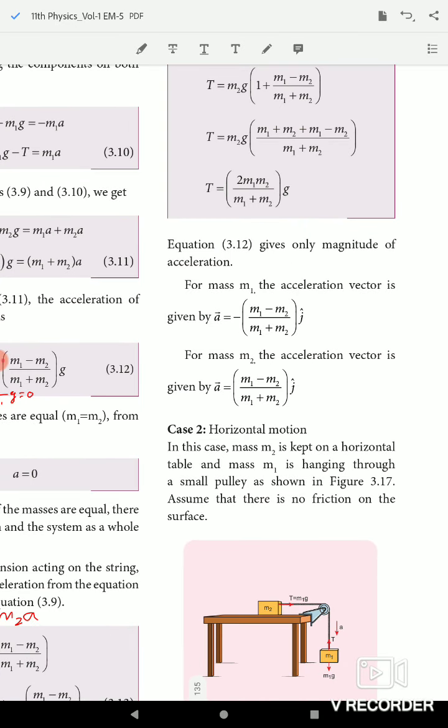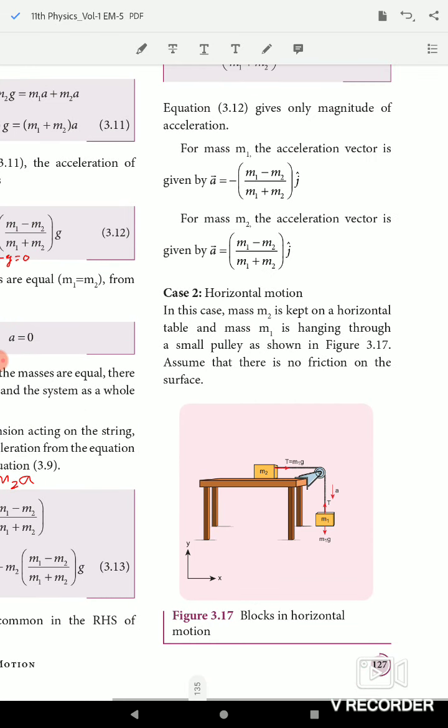Okay, mass m2 in vector notation, it moves in the upward direction, acceleration is acting in the upward direction, so a vector equal to plus (m1 minus m2) divided by (m1 plus m2) into j cap. Okay, do you understand this one?